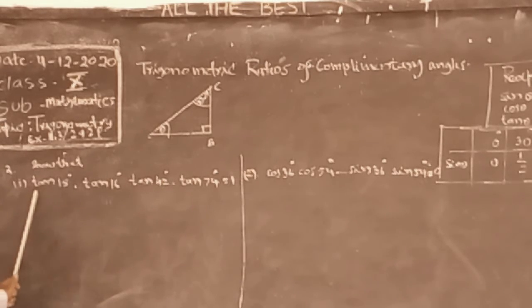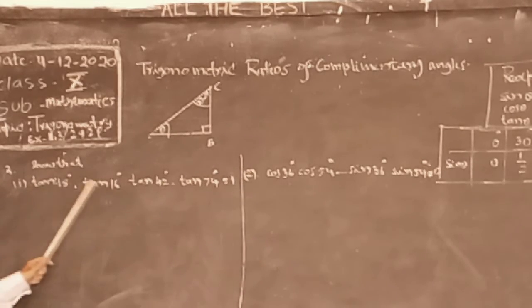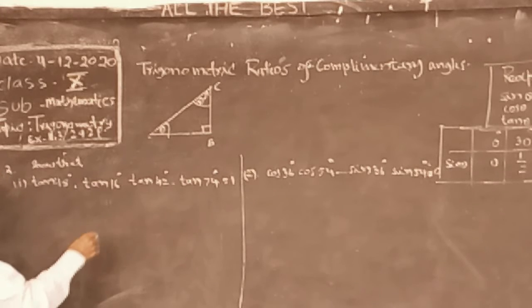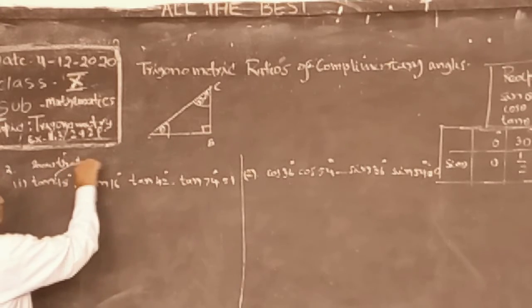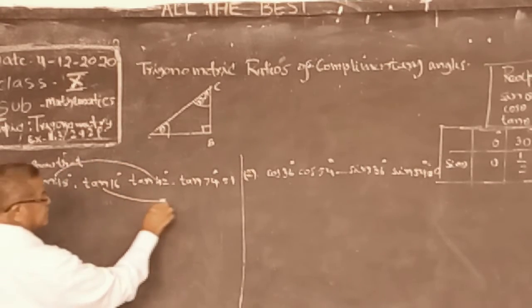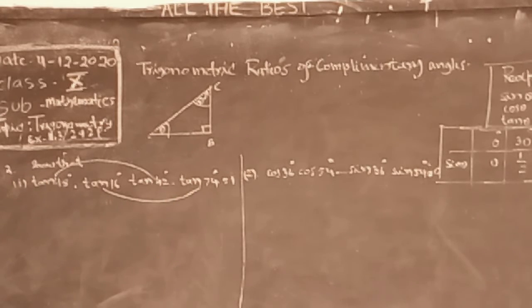By observation, these are all in equal form. Let us take this to 90: 16 and tan 74 add to 90.